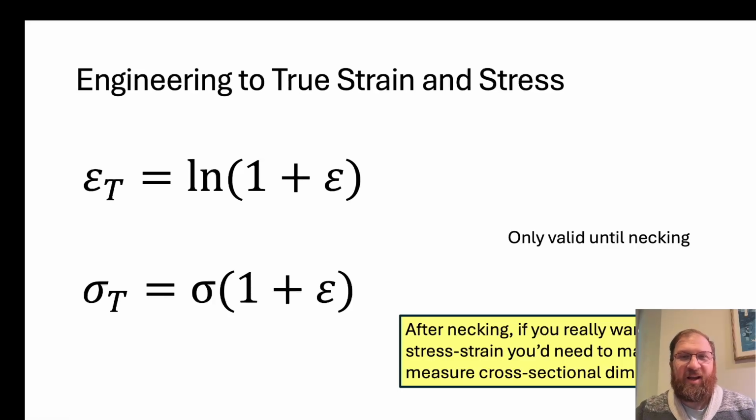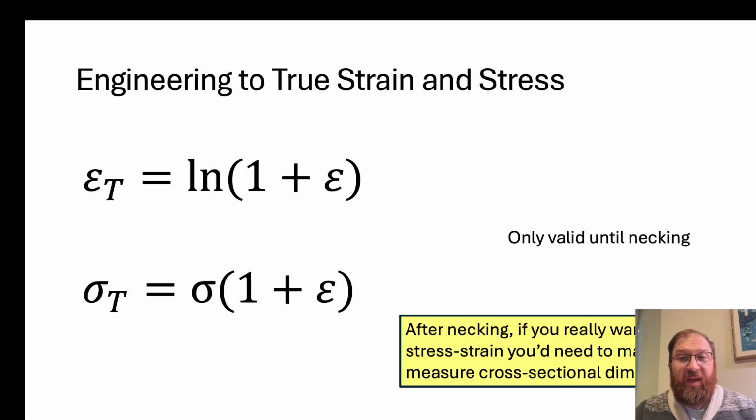That would imply that you're in the machine with calipers while the test is going, while the necking is occurring, and you're measuring that necked region with calipers. And then you would manually input these instantaneous dimensions into the equations as you do that. I've done this once as an undergrad as part of an experiment to show this, but for the most part, this isn't done. Maybe if you had a better optical system, you could do this, but for the most part, we're going to rely on just anything before necking to convert.